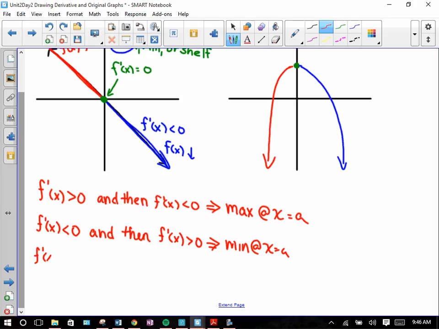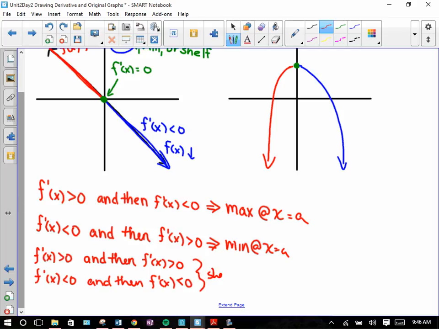If f prime of x goes from positive to positive again, or from negative to negative, that's going to give us a shelf.